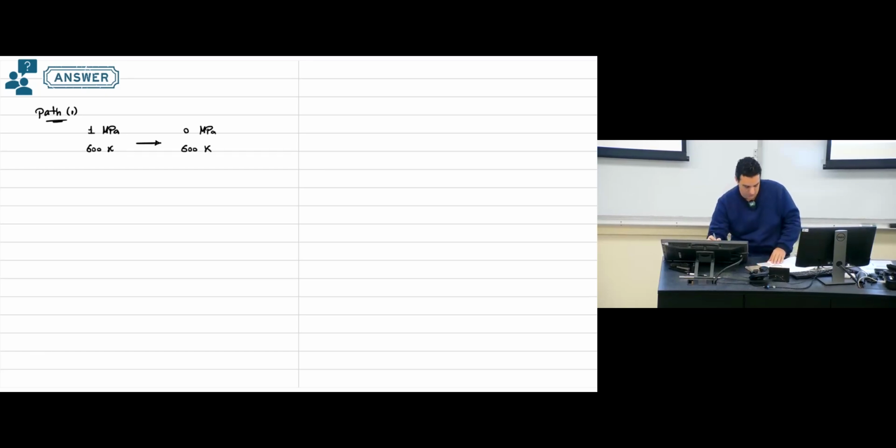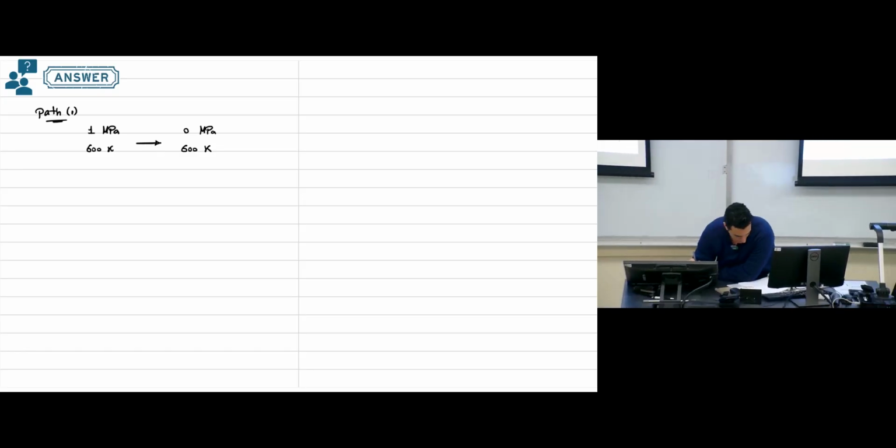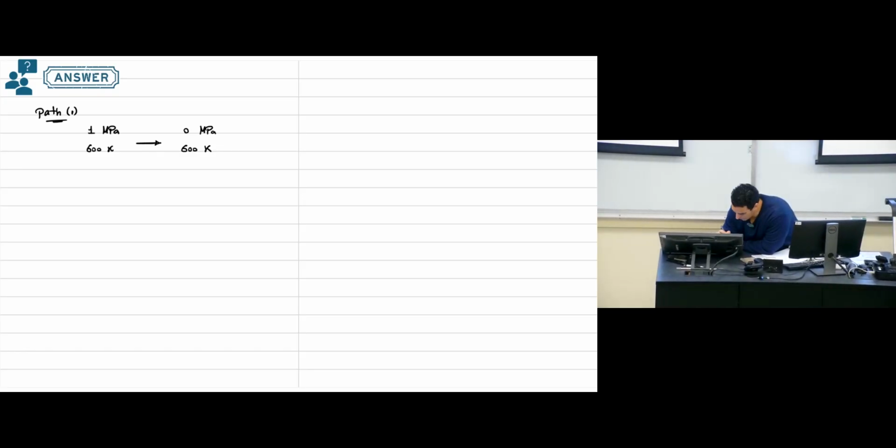This is the first path that we have. We need to substitute in this equation with this condition. Substitute in van der Waals equation in order to find the molar volume, and the molar volume will be 4.986 times 10 to the power negative 3 meter cube per mole.